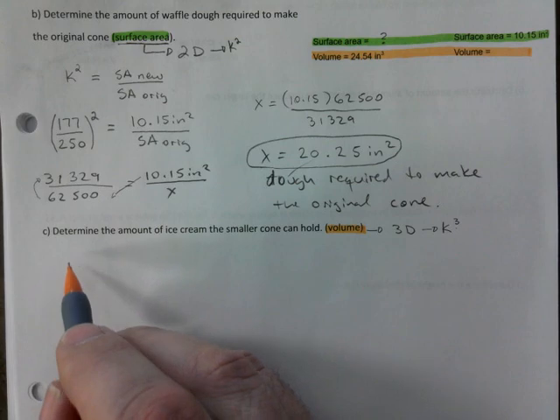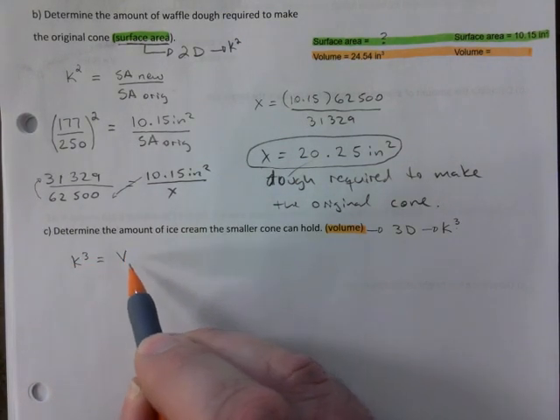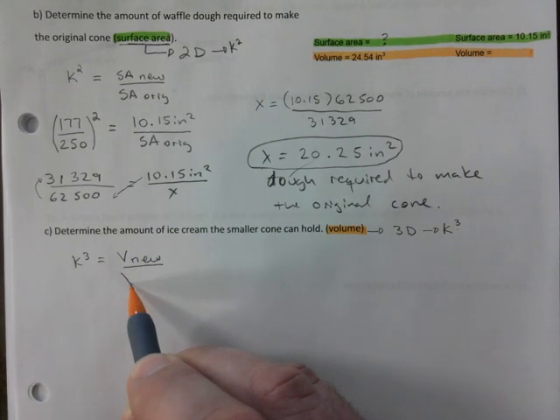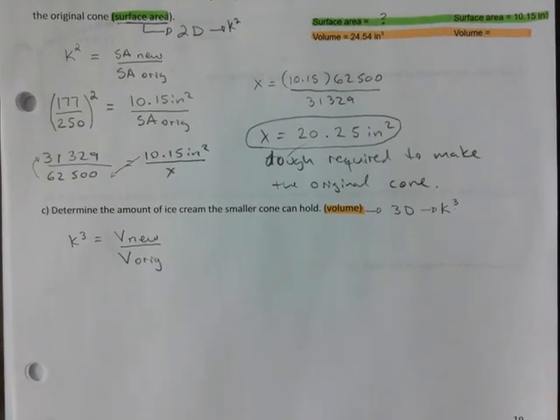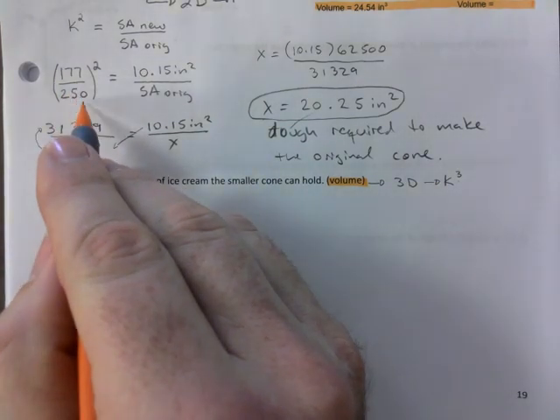Okay. So here we go. K cubed is volume of the new over volume of the original. That's your starting point. My scale factor hasn't changed, right, guys? You're with me, right? It's 177 over 250.